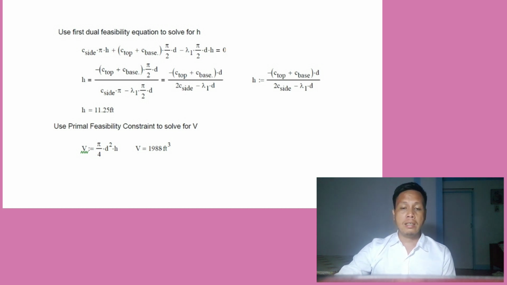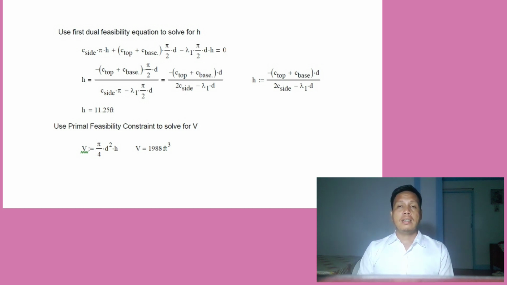The question is to solve for the optimum diameter and height of the tank. The answer: the diameter is 15 feet and the height is 11.25 feet, and its optimum volume is 1988 cubic feet.